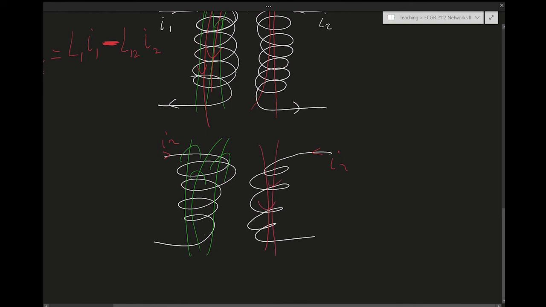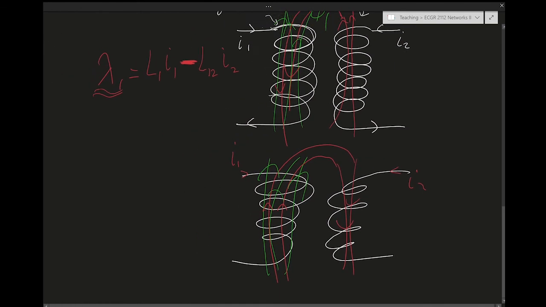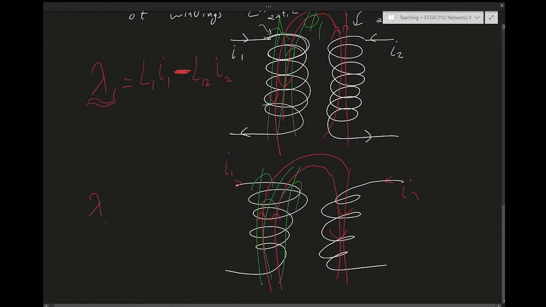So if I draw it like this, the flux will be additive. The flux will be in the same direction as I1, right? So the flux due to coil 1 is going to be added to the flux due to coil 2, right? So therefore, the flux linkage is going to be L1I1 plus L12I2.